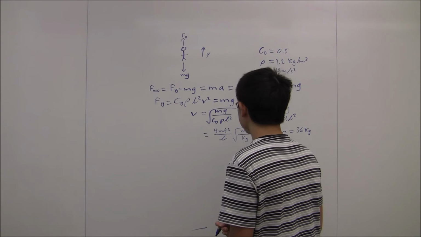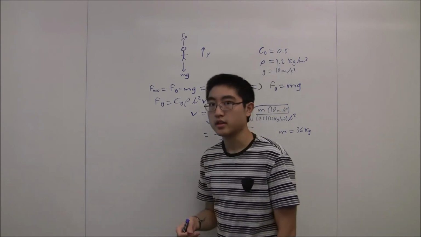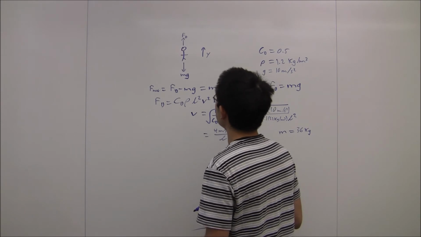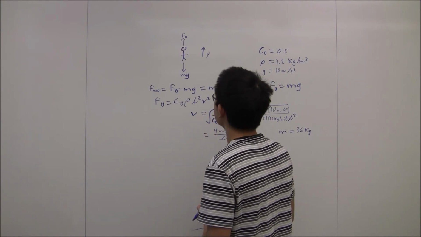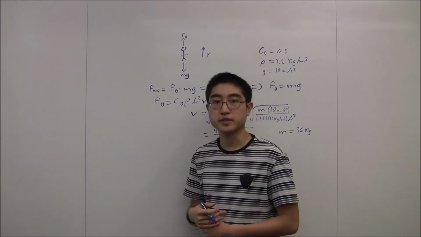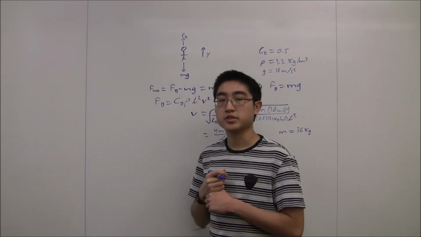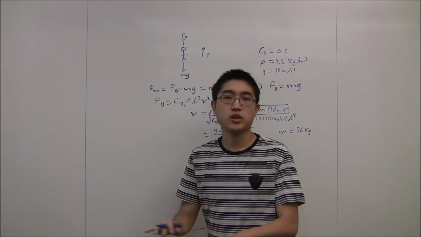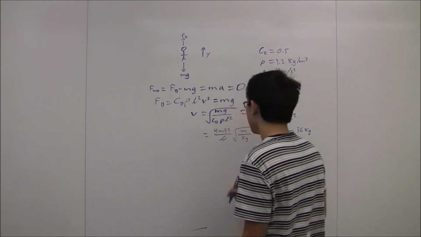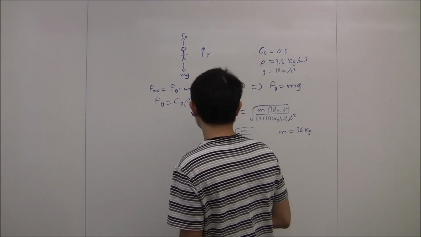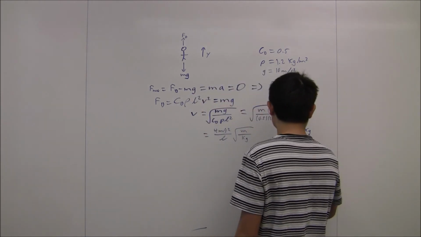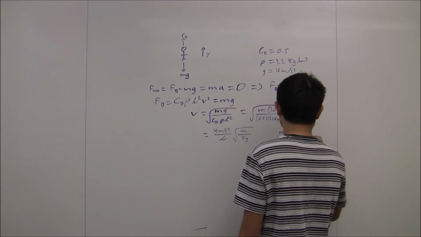And now for the typical linear dimension, we're going to take the average width of the person, since the drag force is going to be mainly the air resistance that the person feels when they fall through the air, which is going to be proportional to the cross-sectional area of the person as they fall. So it'd be reasonable to take the typical linear dimension to be the width of the person, which we will estimate to be about 0.25 meters.